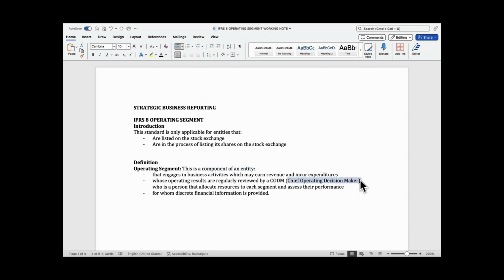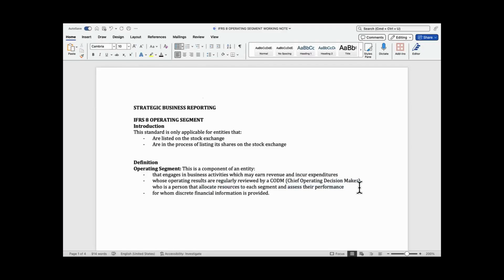It's not a position. We don't expect your company to have a position called CODM. No. Whoever is that person in your organization that allocates resources to segments and also assesses their performance, that's the CODM.